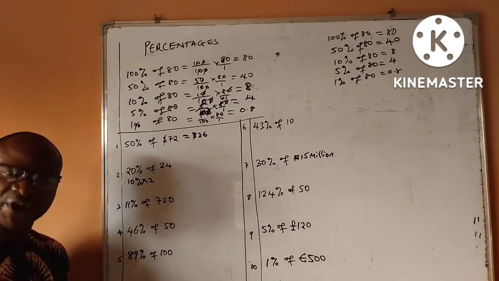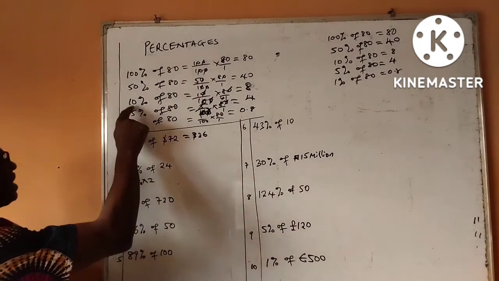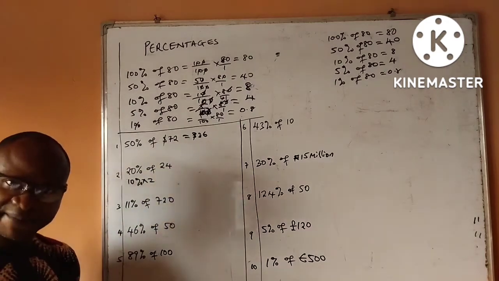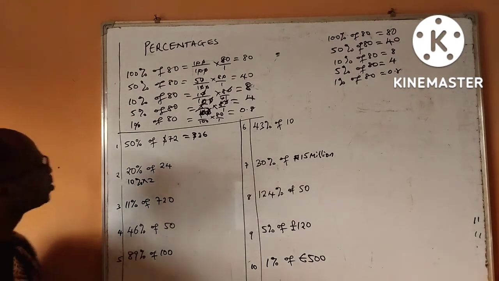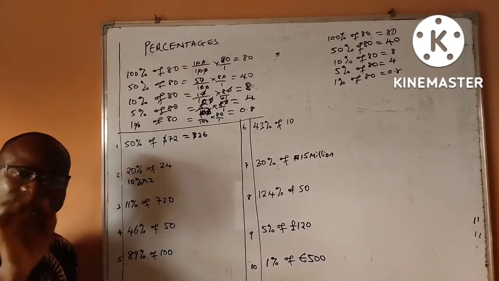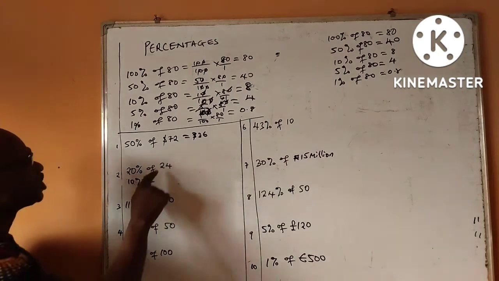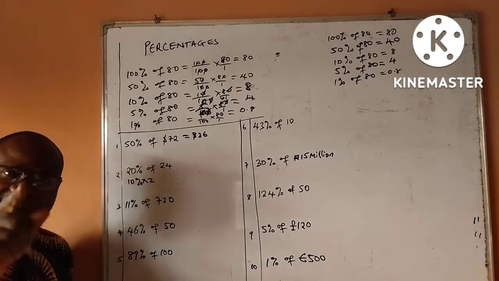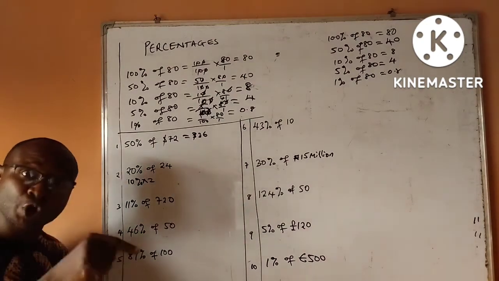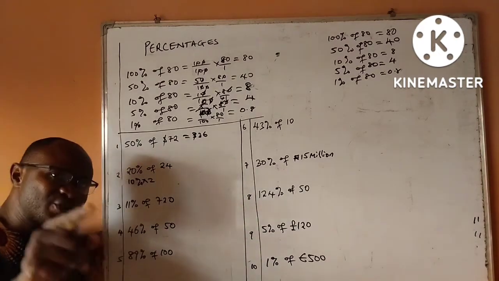And 10% of 24 is simply 24 divided by 10, as we say that 10% of any number is that number divided by 10. So, 20% of 24, first and foremost, I have to find 10% of it. And 10% of it is 24 divided by 10. Sorry, 24 divided by 10. And when I do that, I'll get 2.4.